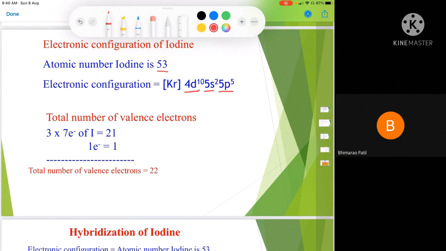Then the total number of valence electrons present in each iodine atom is 7. The total number of valence electrons present in the triiodide ion is 7 electrons from each iodine atom into 3, because 3 iodine atoms are present in the triiodide ion. Therefore, the total number is 21, and 1 extra electron is present due to the minus charge. The total number of valence electrons present in the triiodide ion is equal to 22.